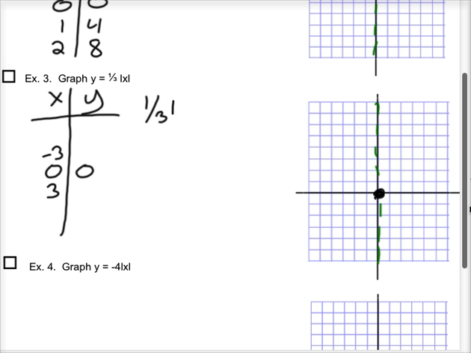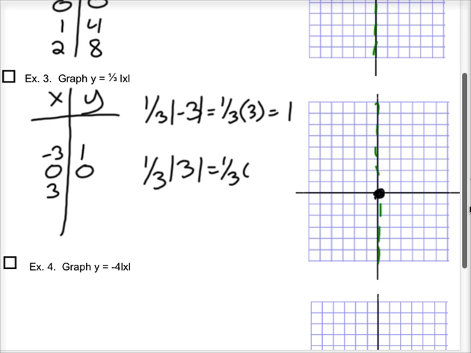When I plug in -3, we know it becomes positive. So 1/3 times 3 gives you 1. Now, let's check to make sure we get that on the other side. Absolute value of a positive stays positive. 1/3 times 3 gives you 1.